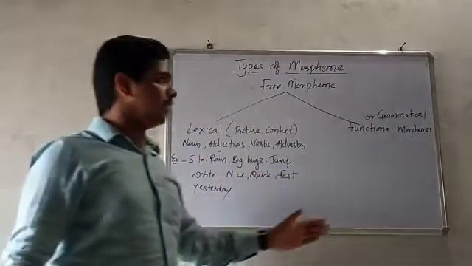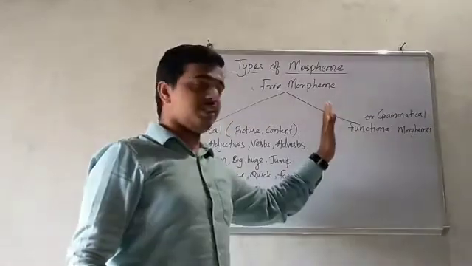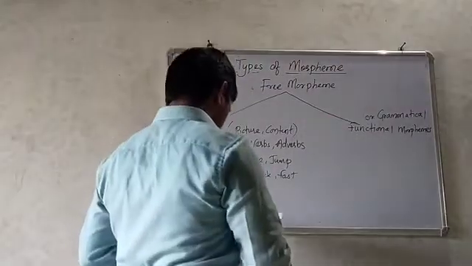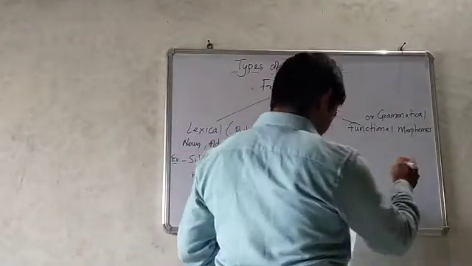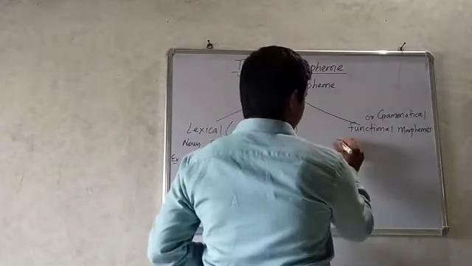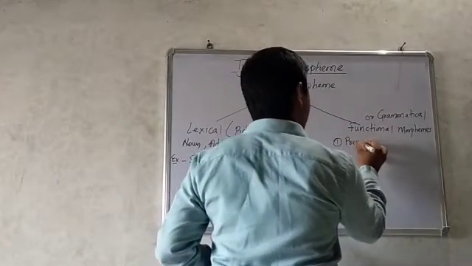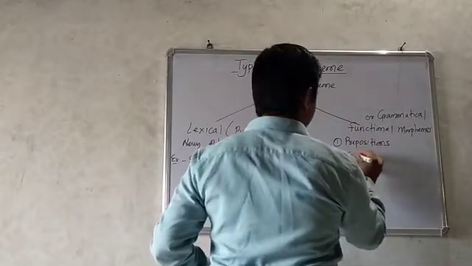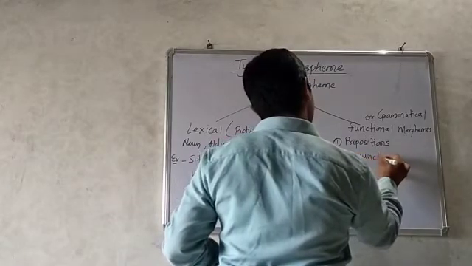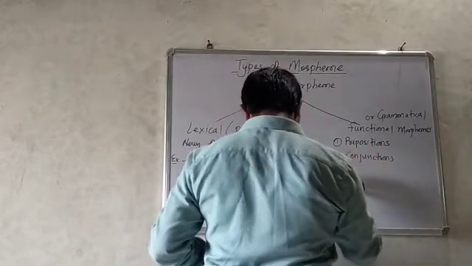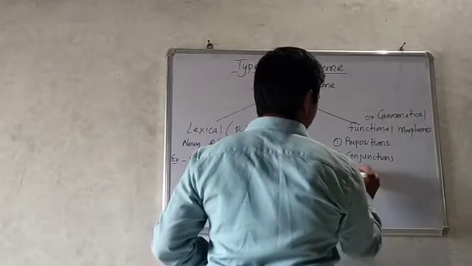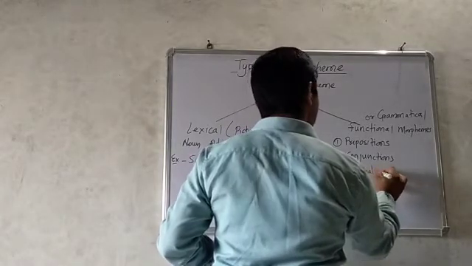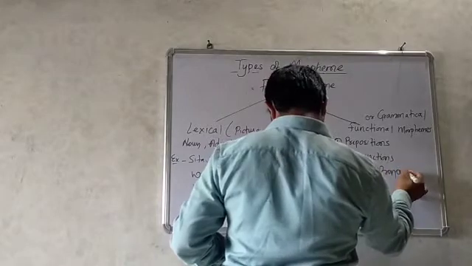So now let us see this part. It is the second type, that is functional morphemes or grammatical morphemes. In functional or grammatical morphemes we can see prepositions, conjunctions, personal pronouns, and articles.